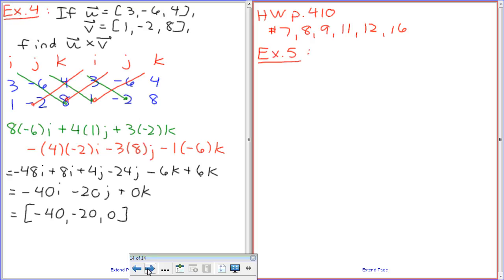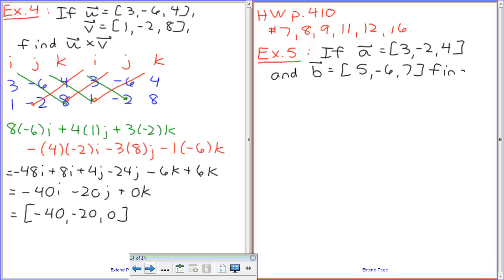Example 5 says, if... okay, just to finish up here today, this one should probably have a star beside it because this is one of the fundamental things you're going to need.